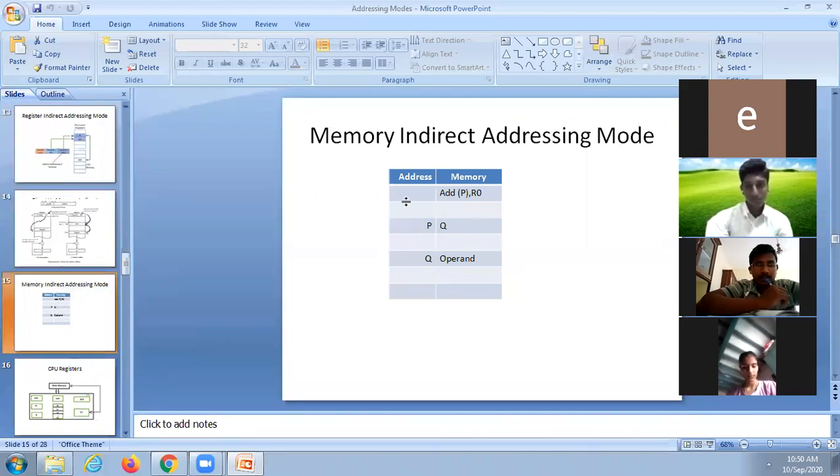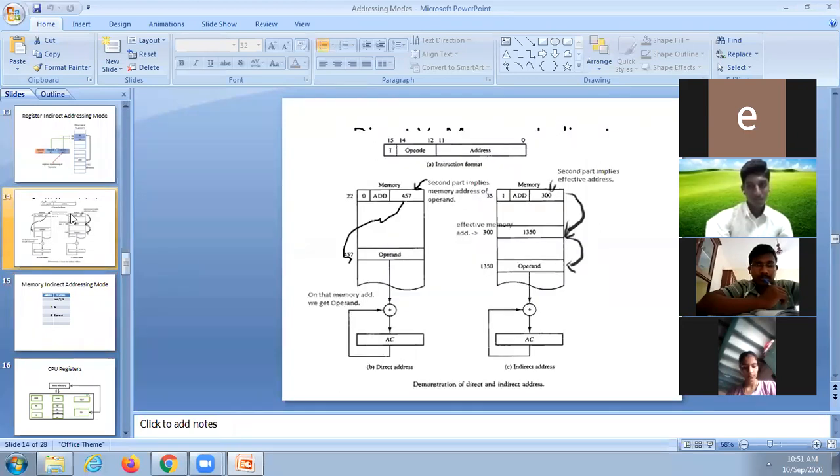The next one is another example of memory indirect. I think it is already explained in detail here. This is a comparison between memory direct and memory indirect.